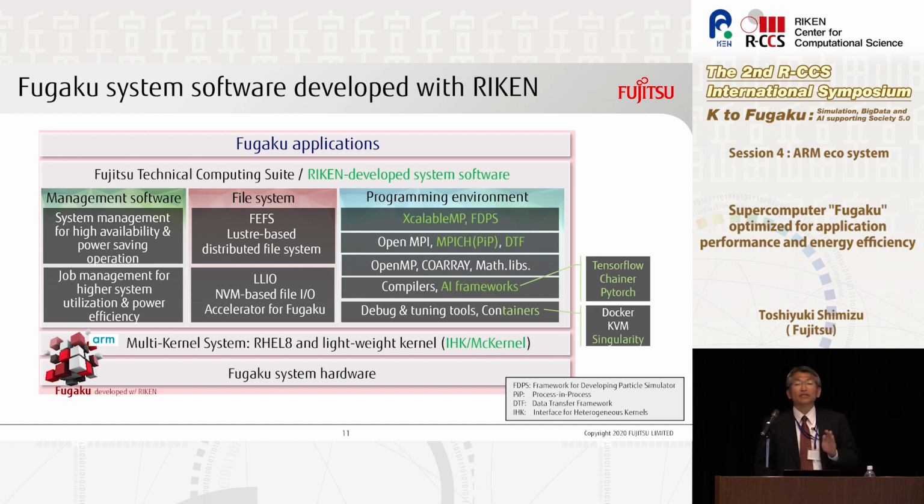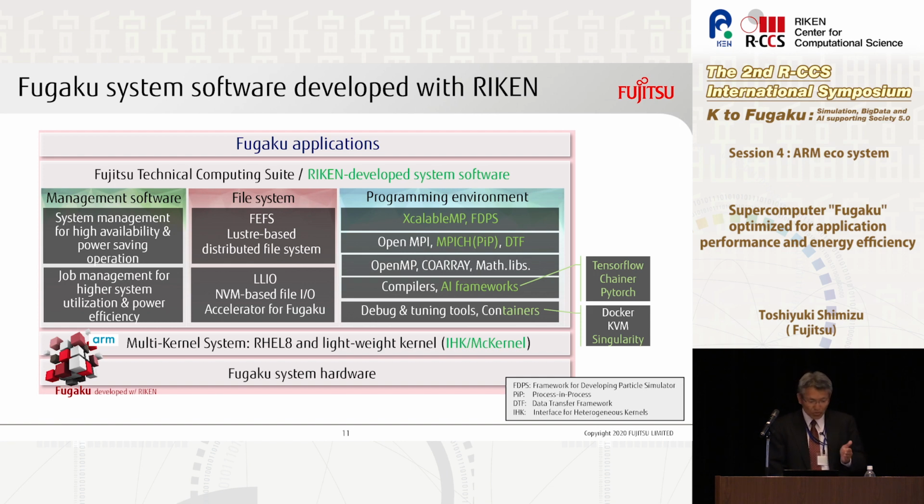So this is the Fugaku system software stack. The green part is developed by RIKEN, and the others are developed by Fujitsu. The Fujitsu compiler supports A64FX features fully and is optimized to run applications.